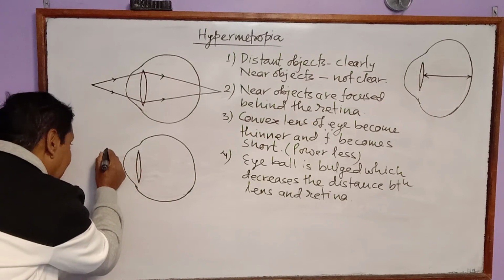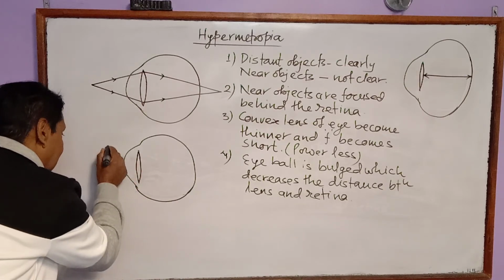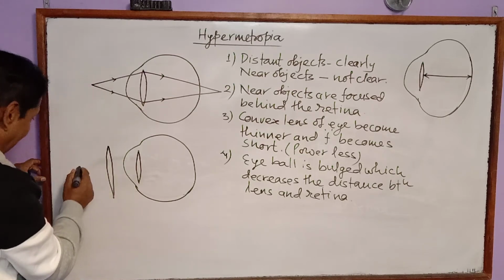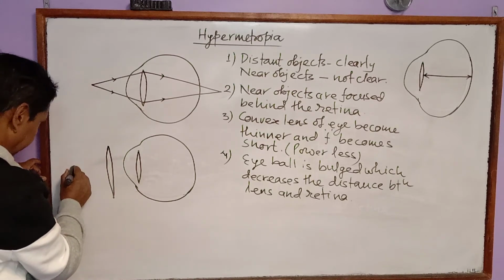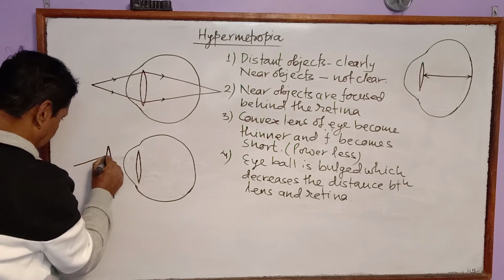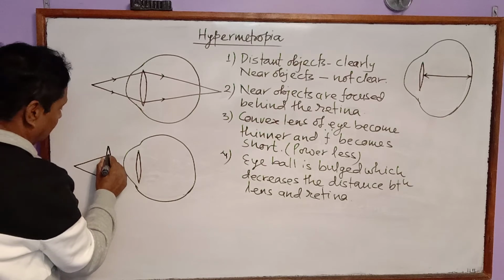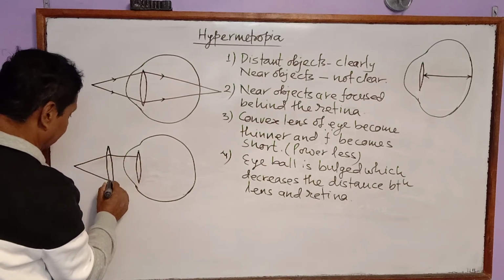And if we use a convex lens in the spectacle, then what happens? The light rays coming from a near object are first converged by the convex lens of the spectacle.